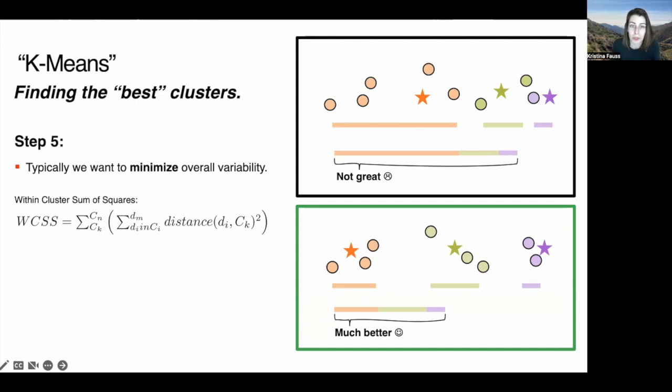Each color bar underneath these points represents that spread, or variability, and the bottom shows all of those lined up. This little frowny face shows that we did not do so great with that initial guess. That's a really large spread. But simply by reorganizing these groups, we get a much smaller overall variability. So we've done much, much better in the second one.